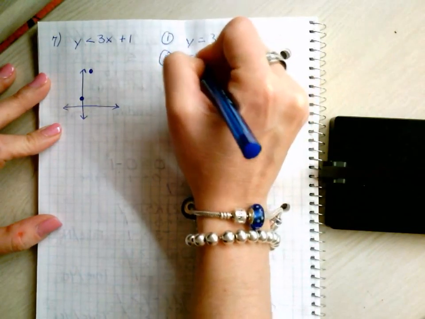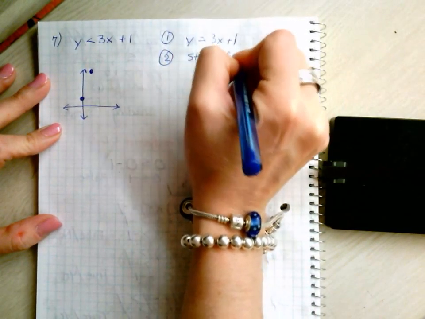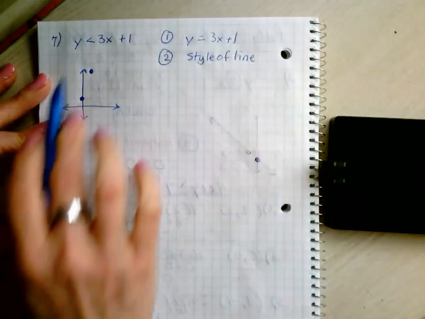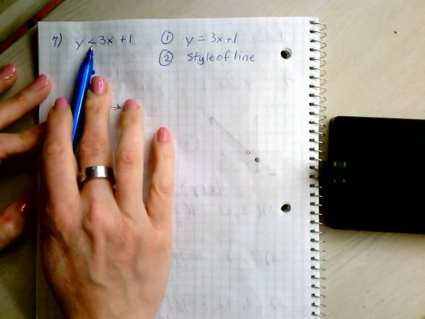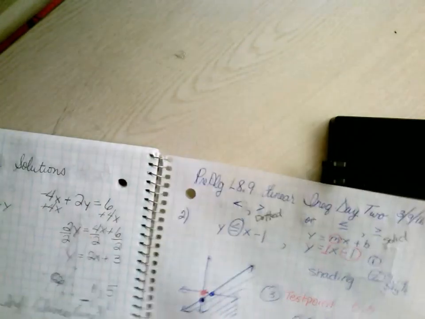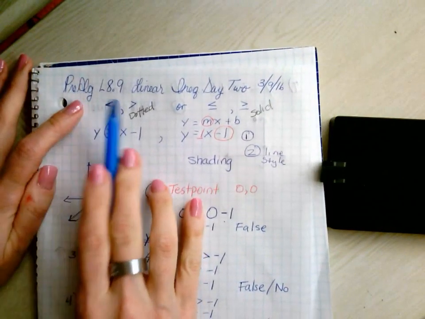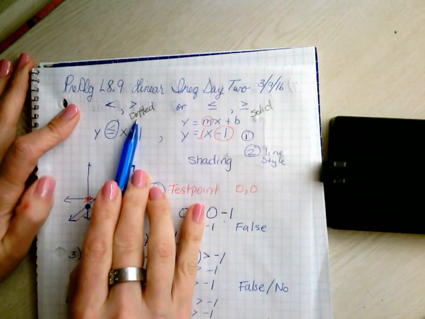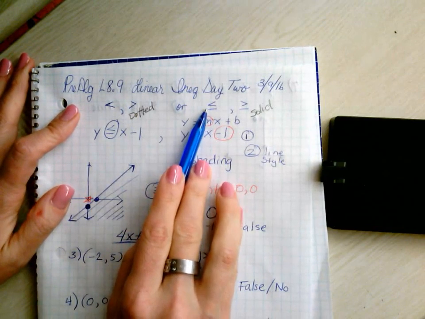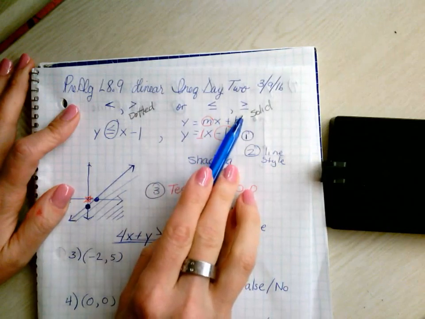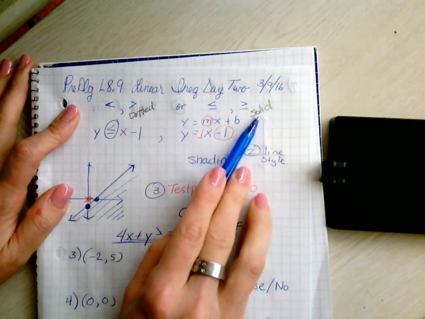Step 2, style of line. It is dotted because, on the previous page and in yesterday's lesson, less thans and greater thans take dotted lines. If it includes the or equal to, it will be solid.